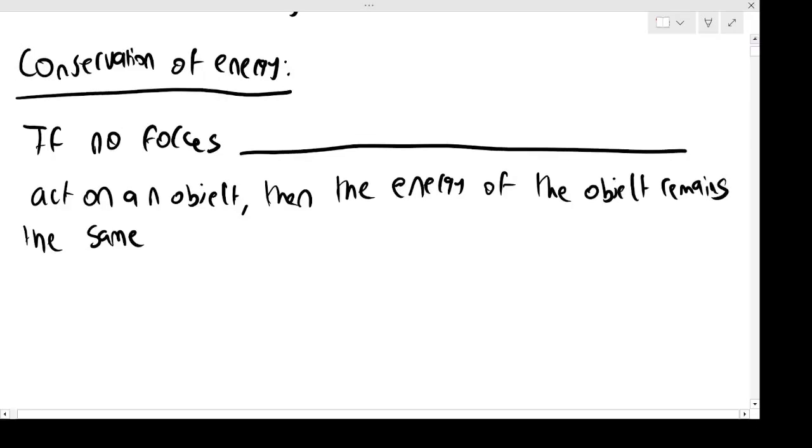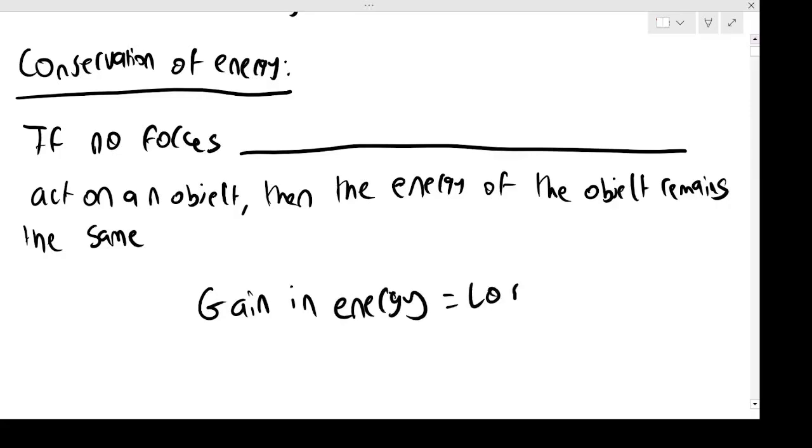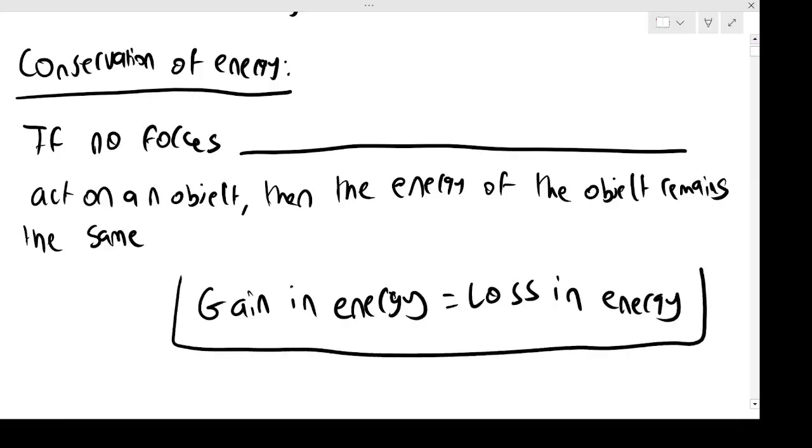And so as a mathematical formula, we could say that the gain in energy is equal to the loss in energy. What this is saying is that if we gain some energy, then to conserve the energy, we need to lose that energy as well.